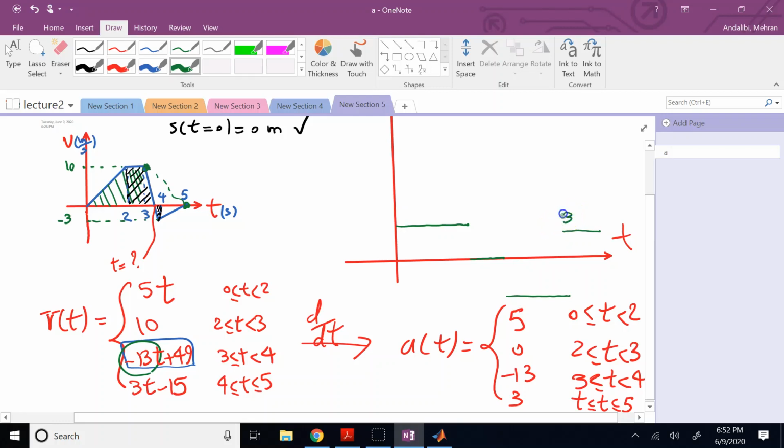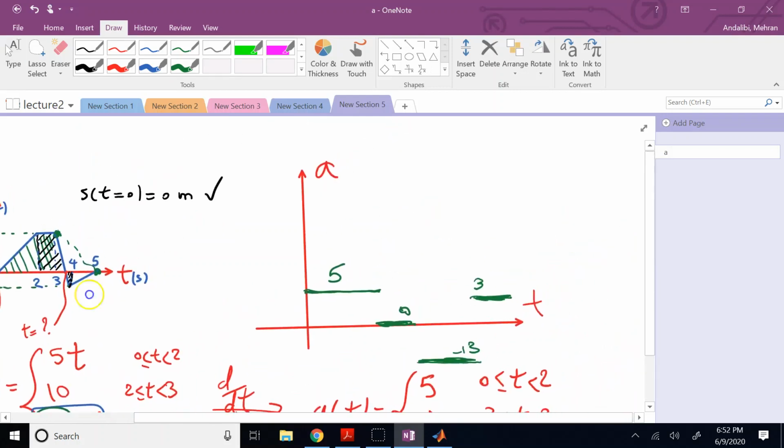So this is 3, this is negative 13, this is 0, this is 5. So there's going to be a piecewise function. It's not going to be a continuous function anymore. Acceleration suddenly changes at this point and this point, and this is going to be a jerky type of motion.